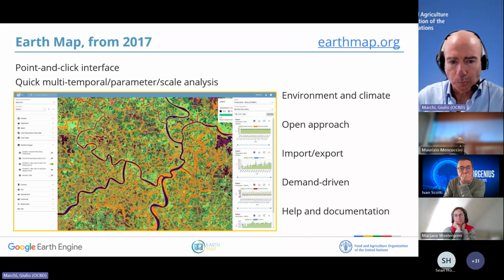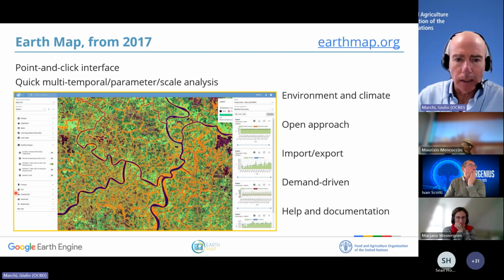This is because we felt that even with Collect Earth, we were still missing something in order to ease the access of everyone to the most used data and features in the environment and climate domain.